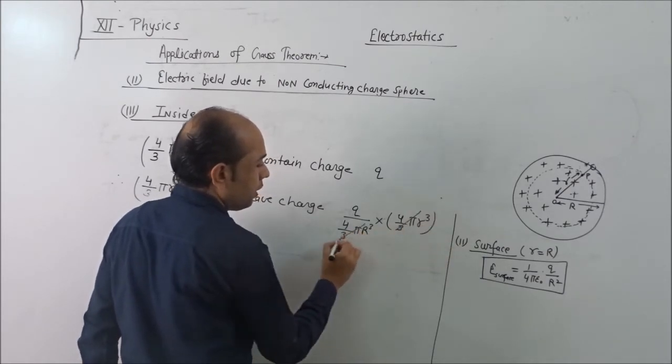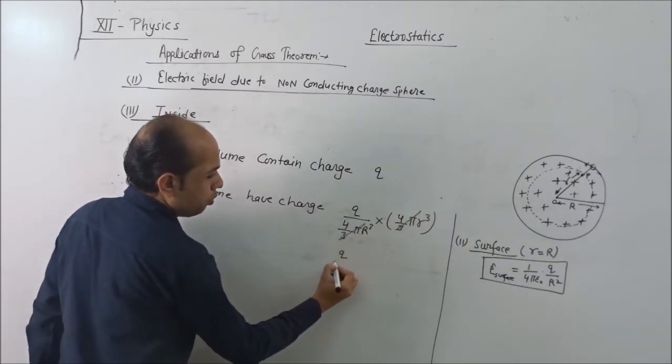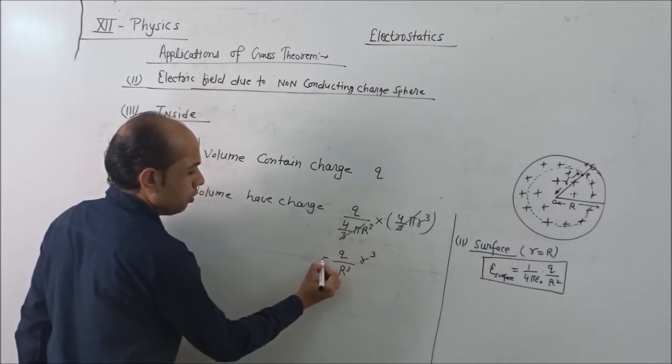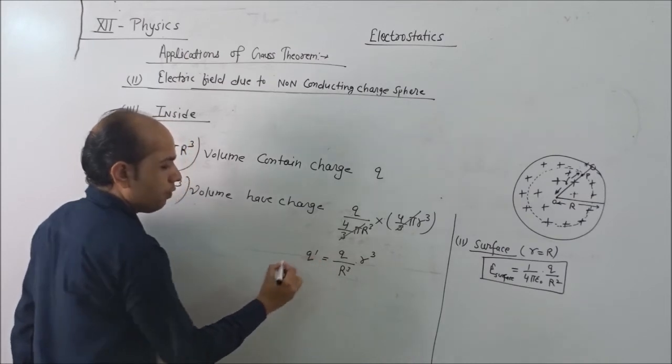Now 4 by 3rd pi cancels out. So q upon R cube, times small r cube. This is the value of charge inside this sphere.